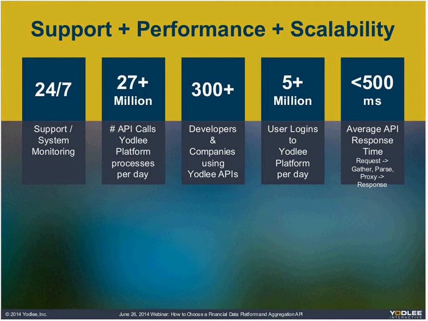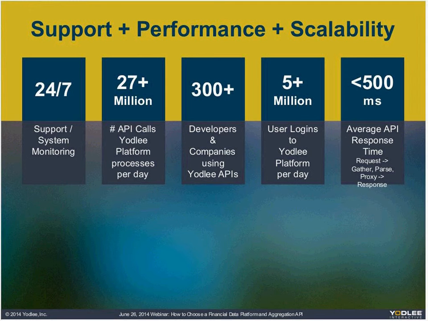Next is support, performance, and scalability. As a developer, you want a certain level of performance, service level agreement and everything. And you want a provider that's going to constantly be there to monitor issues with connections with banks and support you 24/7.